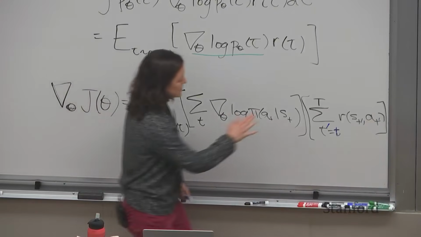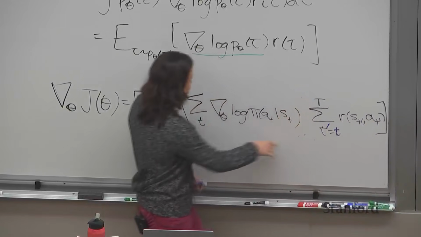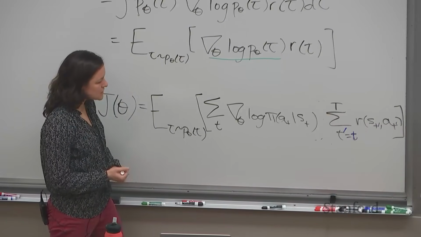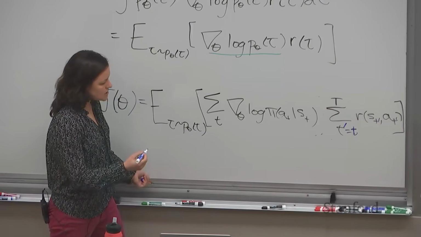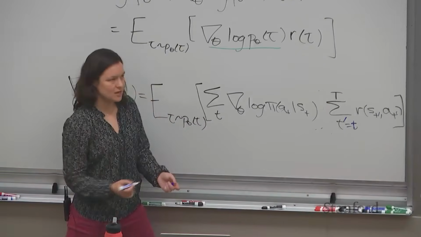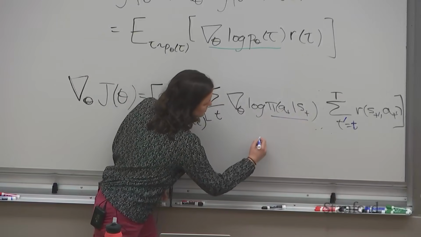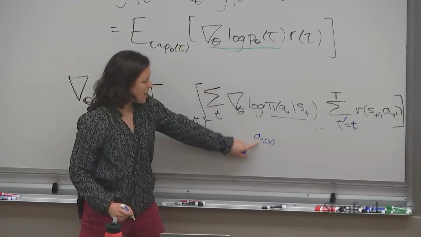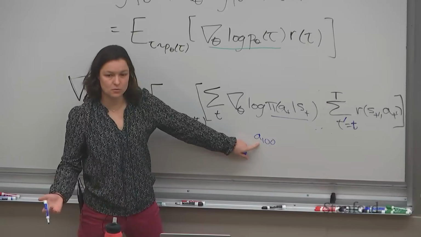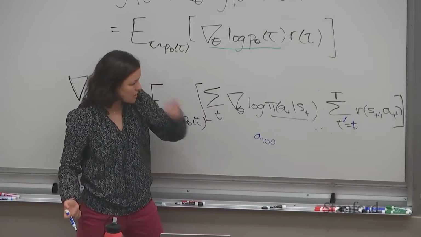Oh, yes, sorry. One other thing that you have to do here, good point, is to actually move this summation inside this summation here. Why can we do this? The reason is that we know our action, let's say our action at time t equals 100, is only going to influence rewards in the future, and isn't going to have any impact on states in the past.